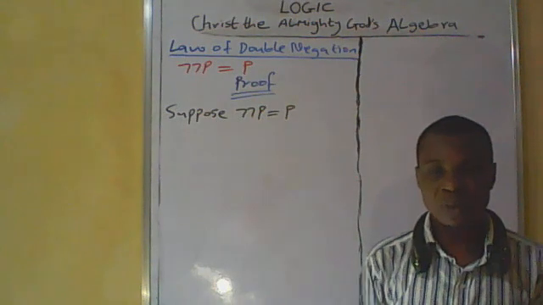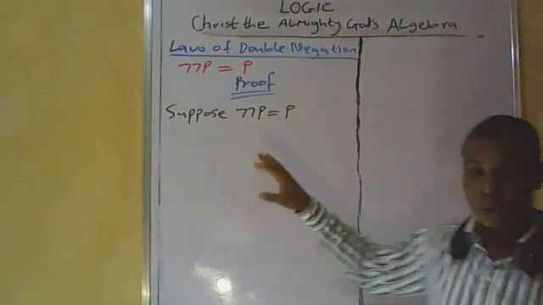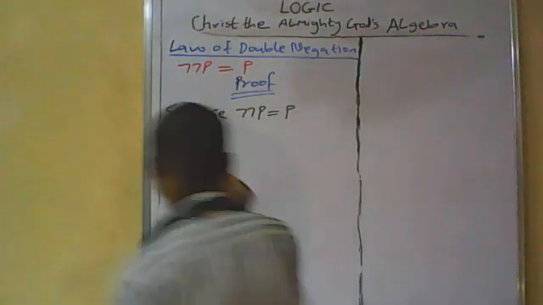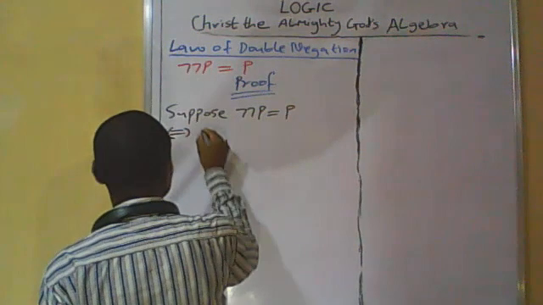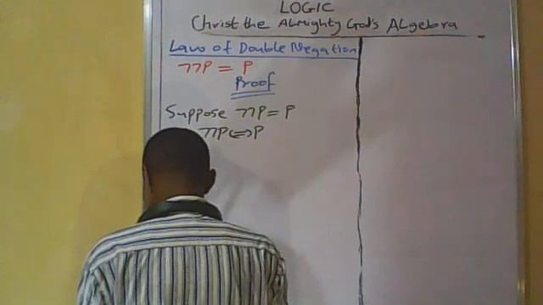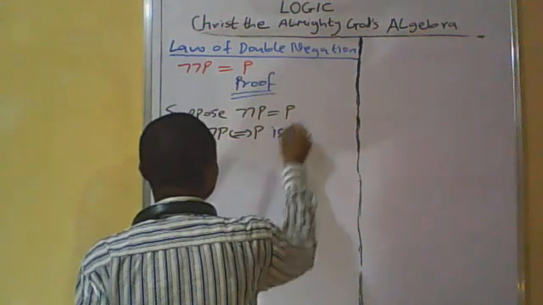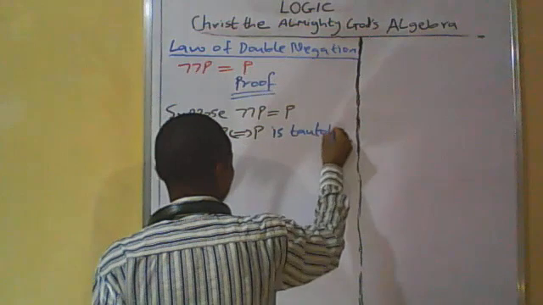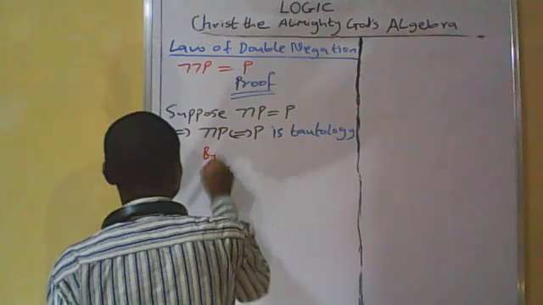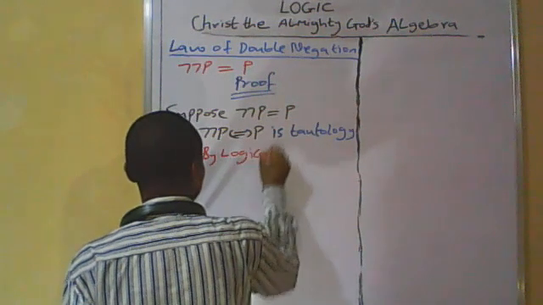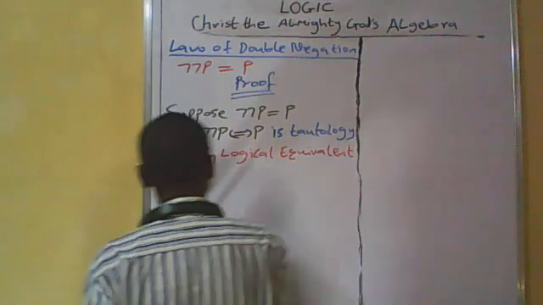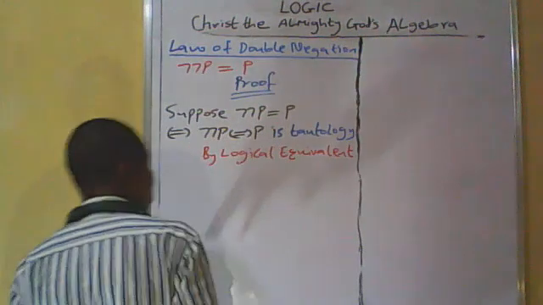Since the two sides of the equation are equal, we are going to transform it to a biconditional statement and still preserve truth. So not not P if and only if P is a tautology, being justified by logical equivalence.